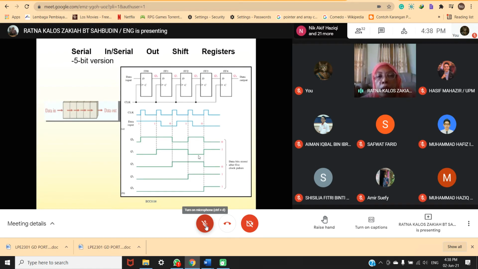And then this Q0 goes into the next flip-flop, so it becomes data for FF1. So look at what is Q1. First clock here, positive here. Now this is negative, so it goes low.